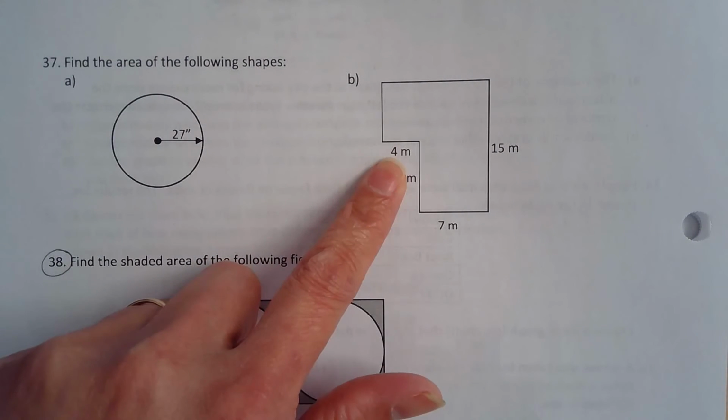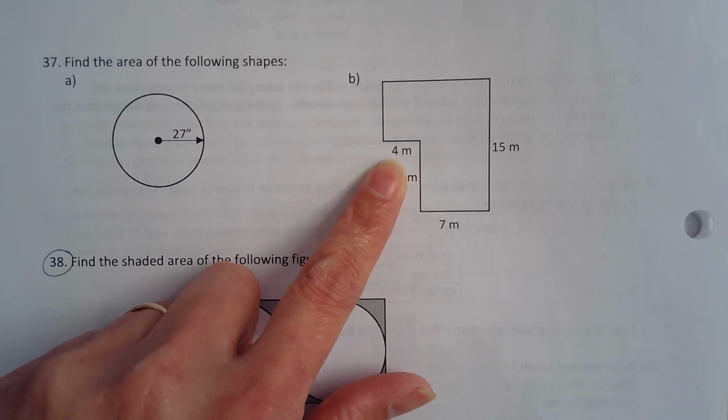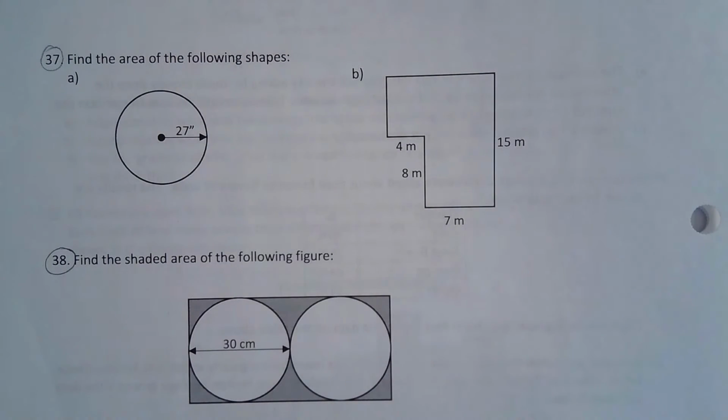Anybody want to see the B part? Sure? Okay. So basically 37 A and B. 38. Anything else on this page? Is that it? Okay, let's go through that one. Let's do 37.